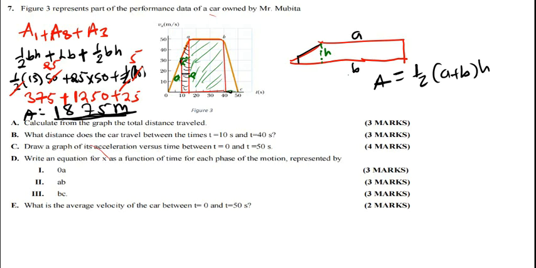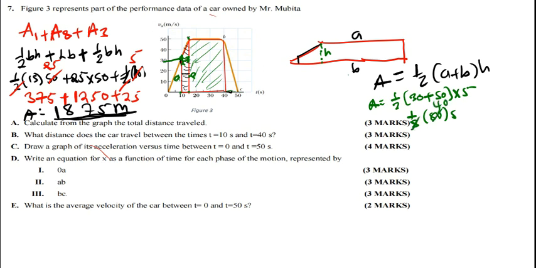So if I use this formula to find that trapezium, it's going to be half. My A is from 0 here all the way to that point, which is 30. Then my B is from this point all the way to where A is, which is 50. What is my H? My H is the distance from this point all the way to that point, which is just from 10 to 15, which is 5. So it will be half times 80 times 5. 2 there, 1. 2 there, 40.